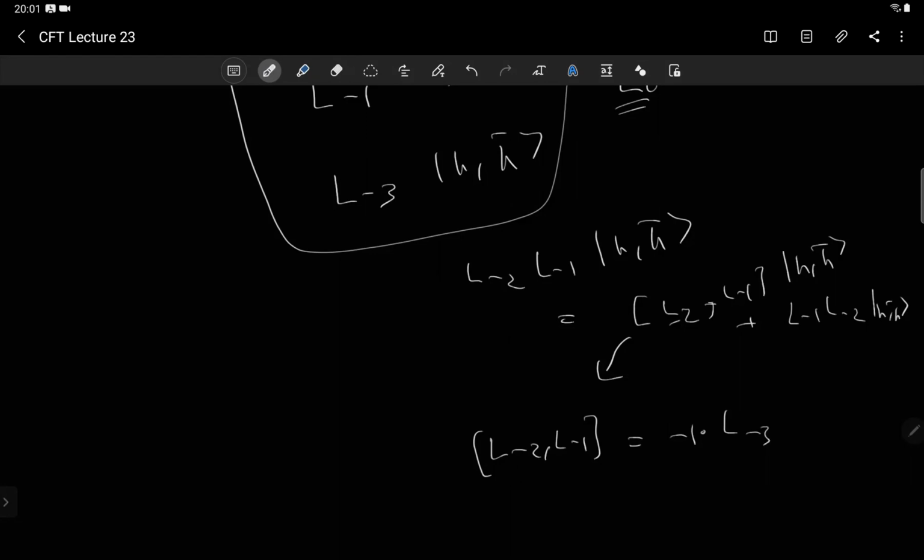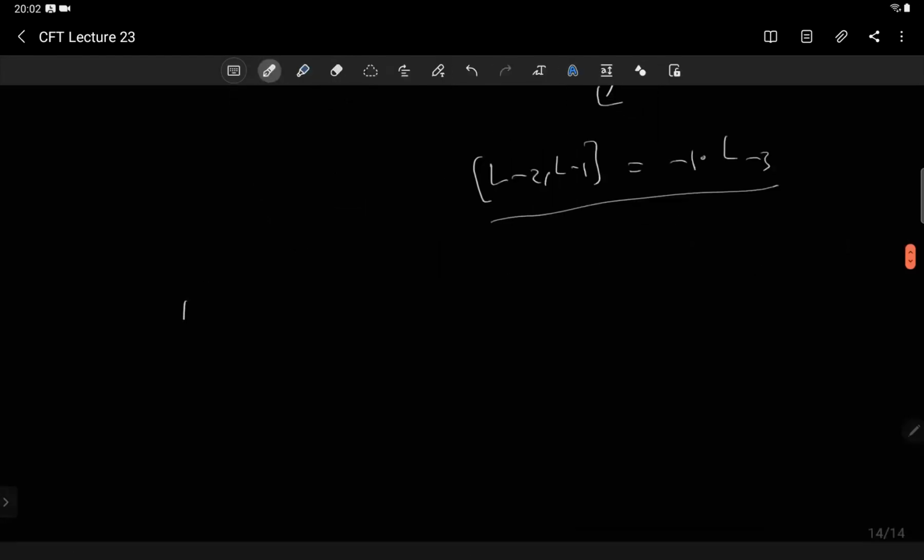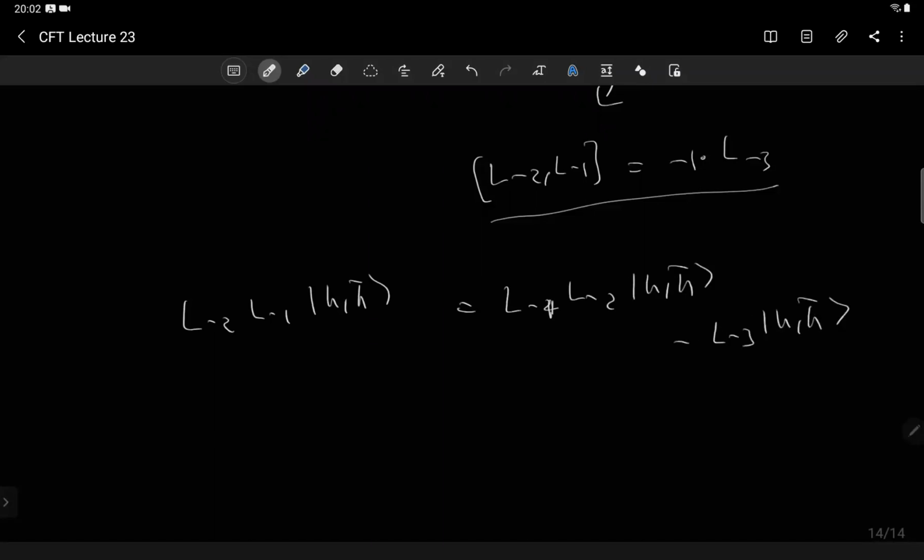So the commutator of L minus 2, L minus 1 is L minus 3. So L minus 2, L minus 1 H bar is just given by L minus 1, L minus 2 H bar minus L minus 3 H bar.